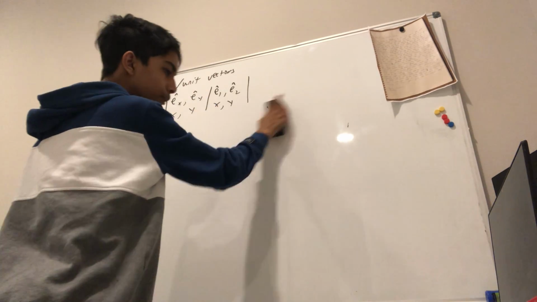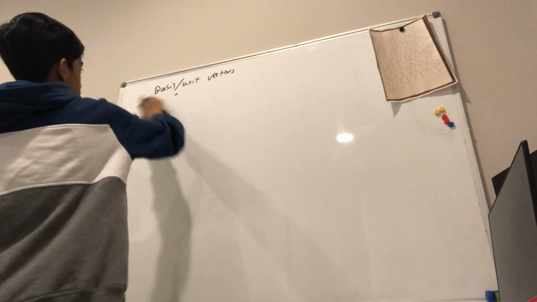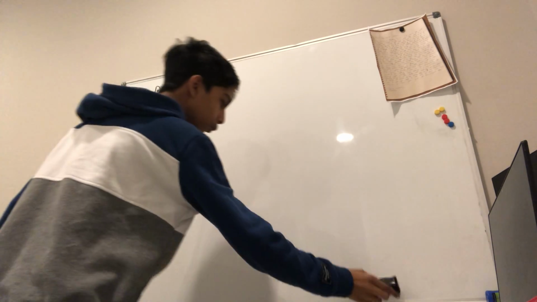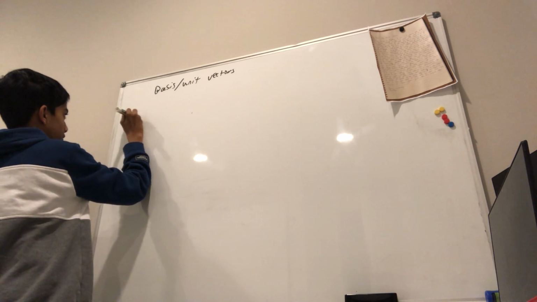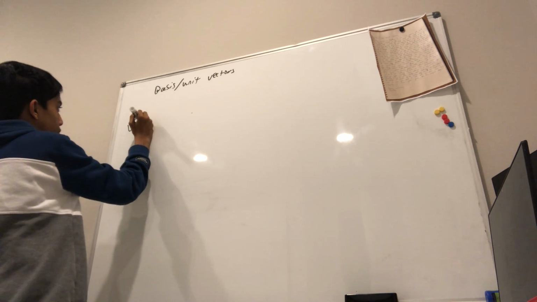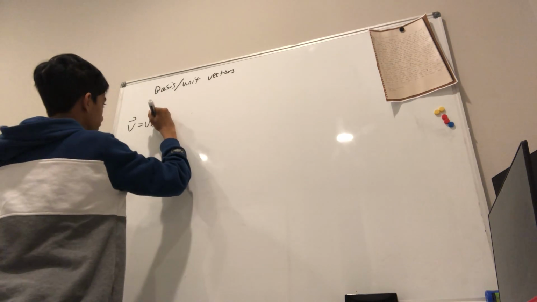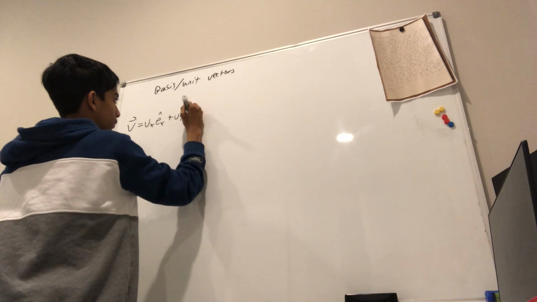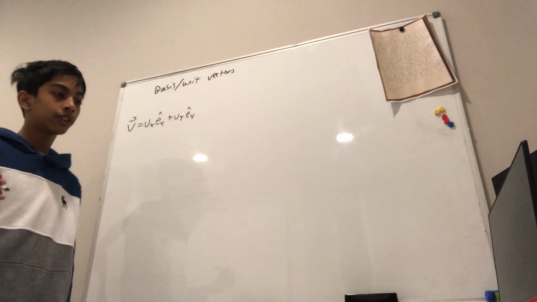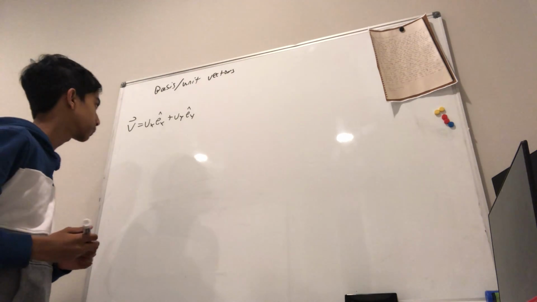So how can we put all of this together? We can write the vector in equation form. Let's say we have vector v, where this arrow is the notation. It is just going to be vx, the x component of the vector, e hat x, plus vy e hat y, or i hat, or j hat, or e hat 1, or whatever notation helps you understand.